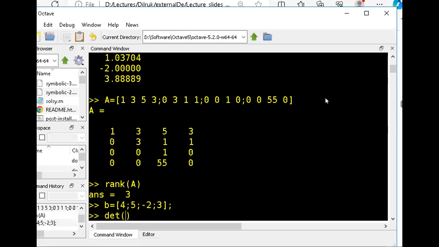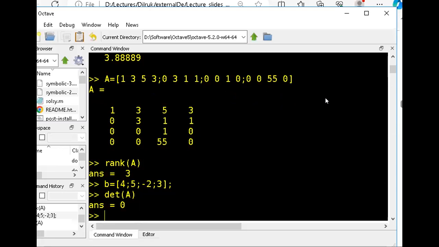The determinant is 0. That depends on this right hand side, so it could be either infinitely many or none. Because these two rows are dependent, that's why you get 0 for the determinant. If these are all independent, you don't get 0. That depends on the right hand side.